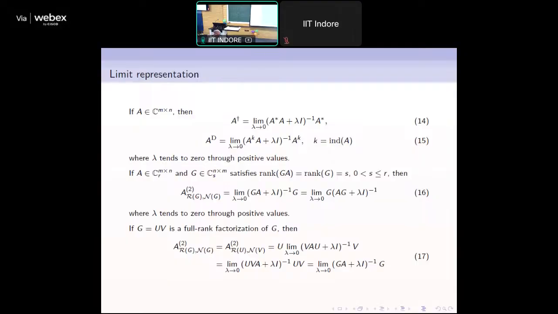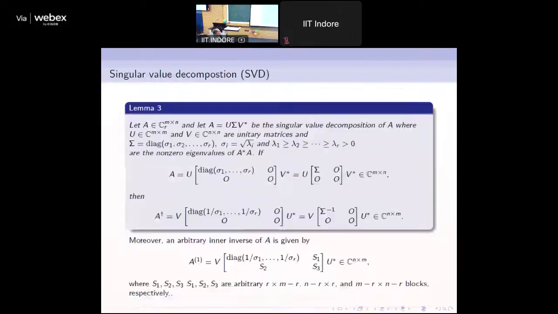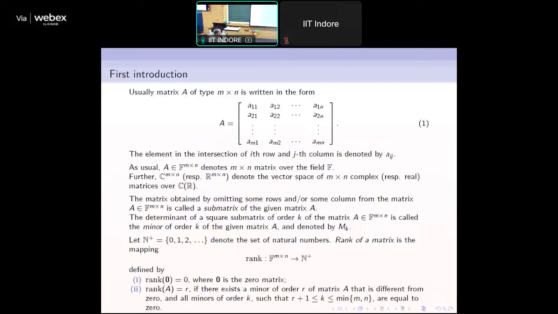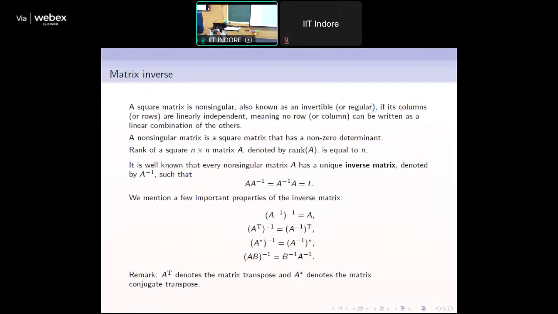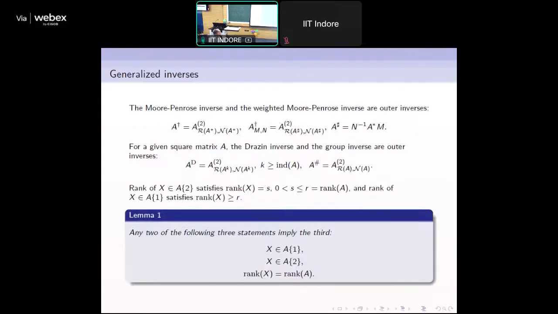What is the main difference between the Drazin inverse and the Moore-Penrose inverse? The Drazin inverse is applicable only to square matrices. The Moore-Penrose inverse is applicable to arbitrary matrices. The Moore-Penrose inverse is related to the singular value decomposition and the conjugate transpose matrix.